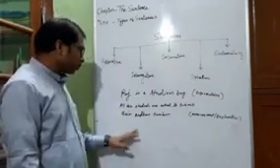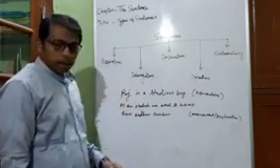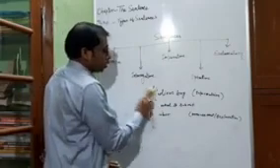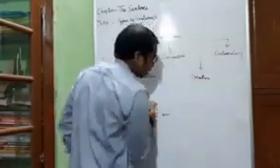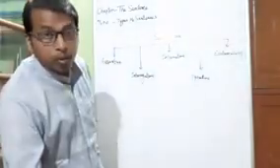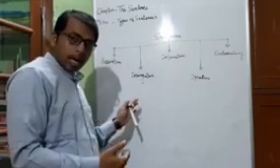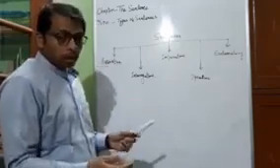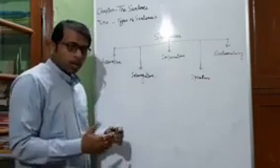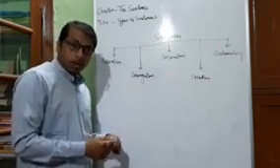Next, interrogative sentence. What are interrogative sentences? Interrogative sentences ask questions. Interrogative sentences are those sentences which seek information from us. These are of 2 types: yes no question and WH question. Yes no questions are those questions which are close-ended in nature.